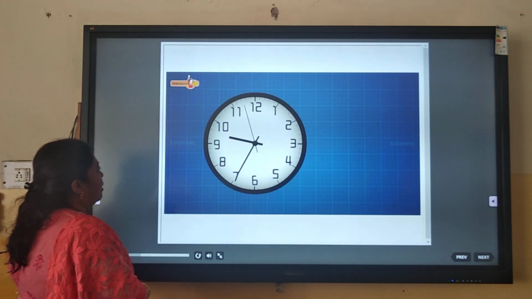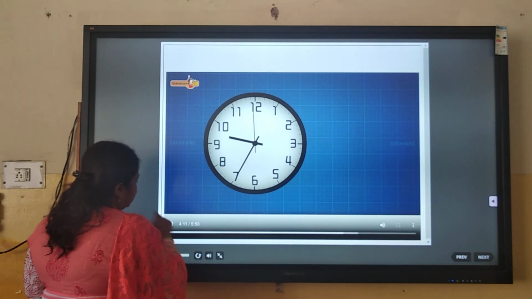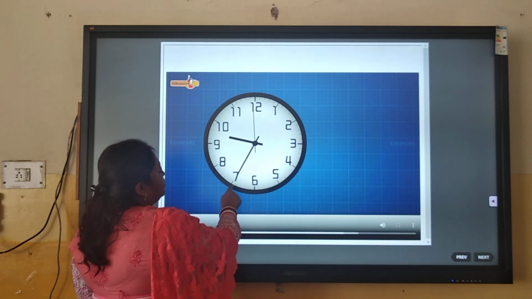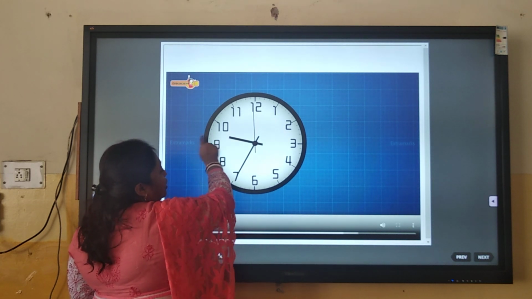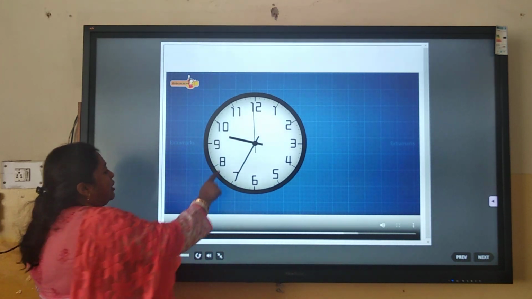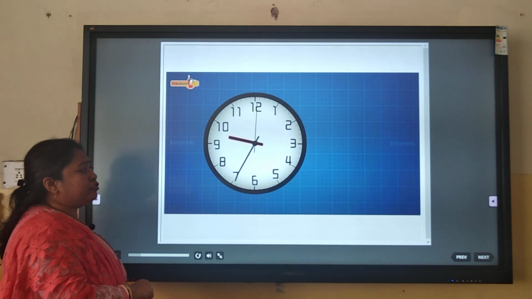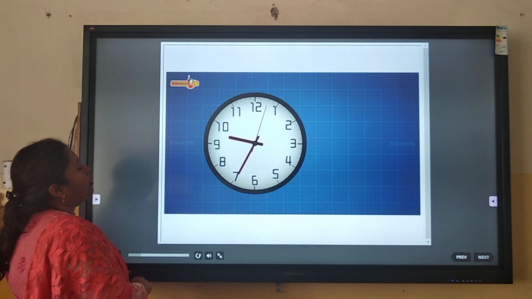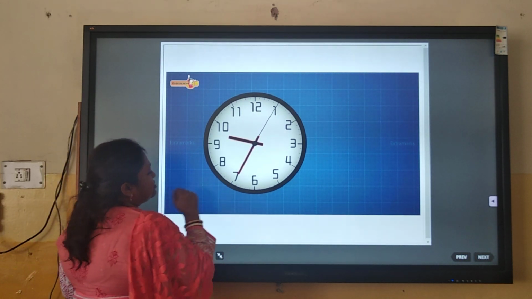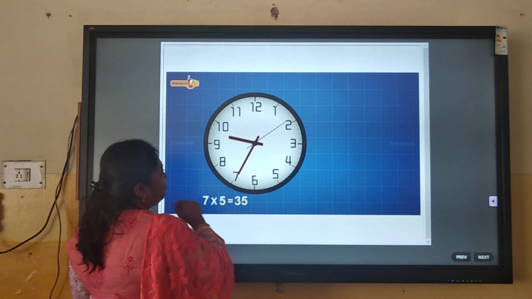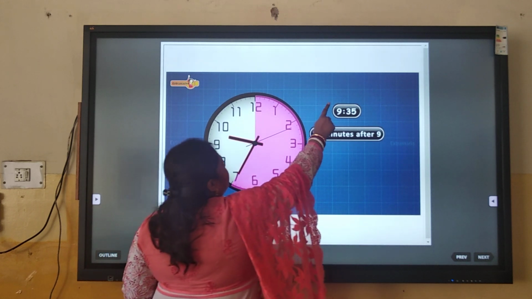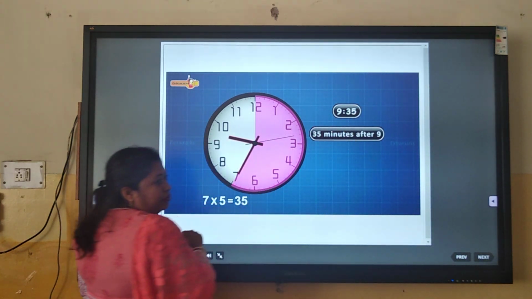So let's see one example first. Here you see, the hour hand is pointing between 9 and 10, and the minute hand is pointing on 7. So 7 5s are 35, children. So the time will be written as what? 9:35. Got it?